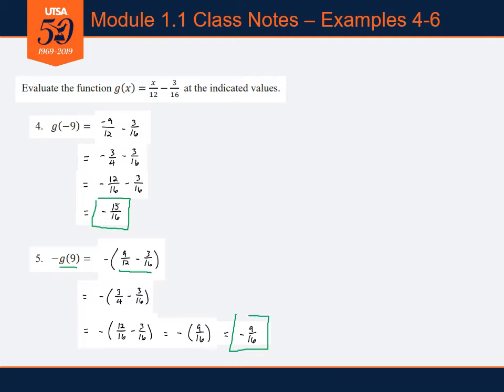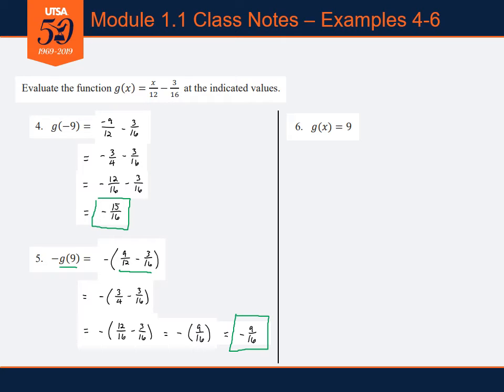And that's my output from -g of 9. And notice questions numbers 4 and 5 have different results. You get different results if you plug in a -9, like in question number 4, versus plugging in a +9 and then applying a negative afterward, which is the difference between the two there.